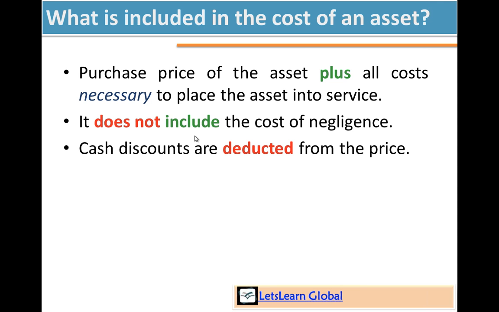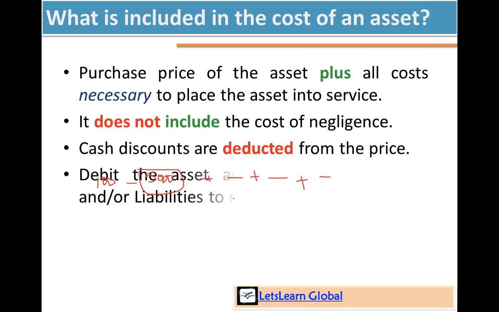And any cash discounts which are allowed by your supplier can be deducted from the asset. Like I said, the asset value is 100,000 and the supplier is giving you, say, 5,000 cash discount because you are paying now. So 100,000 minus 5,000 plus installation plus transportation plus training costs.